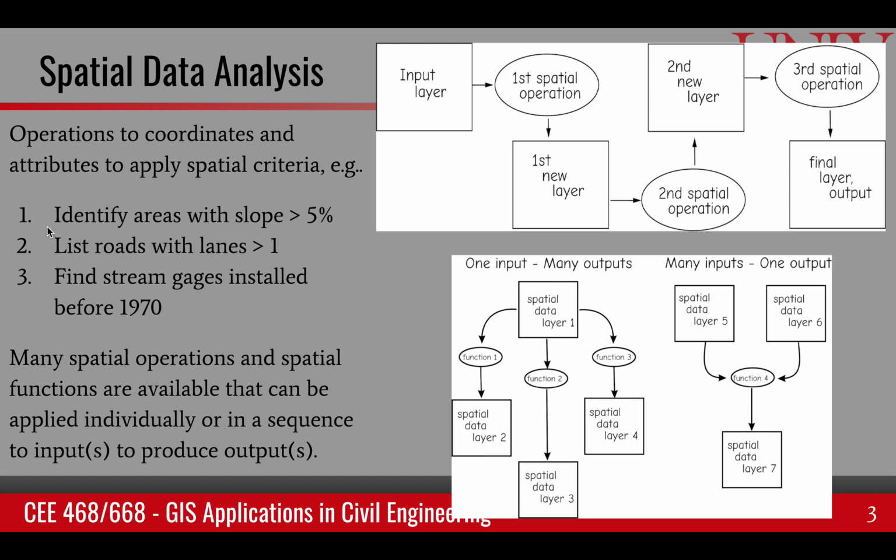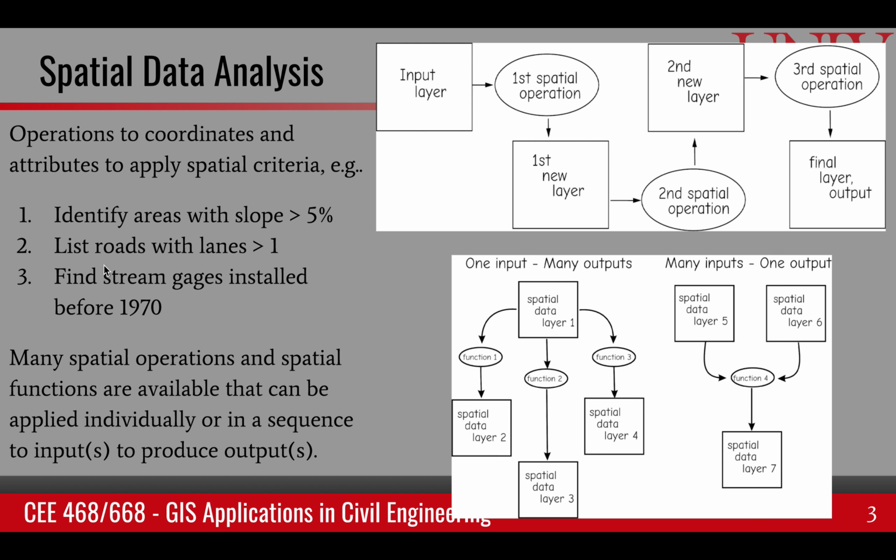So this would be a spatial operation that can be applied for spatial analysis. Similarly, list all the roads with lanes more than one, or find all the stream gauges that were installed before 1970. All of these are examples of spatial criteria that can be applied for spatial analysis.